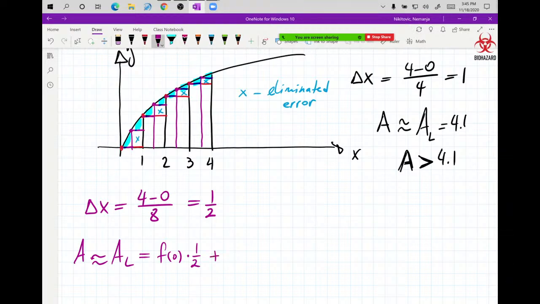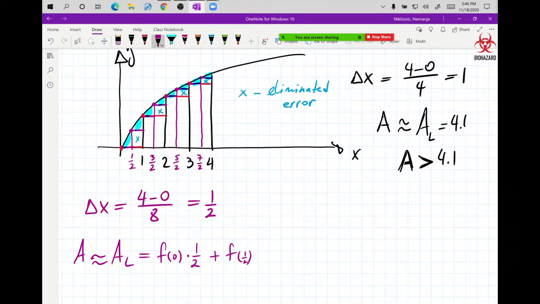Plus, now the next rectangle is f at half, because that's the next number. Right now you have a half and 3 halves and 5 halves and 7 halves. They are all now rectangles.